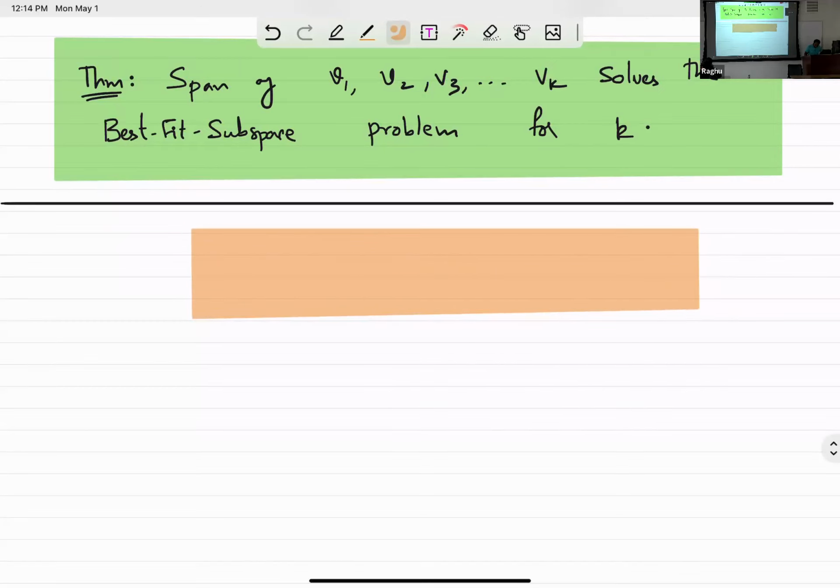And this specific problem about matrices we're going to study is called low rank approximation. And the high level idea of the problem is the following.